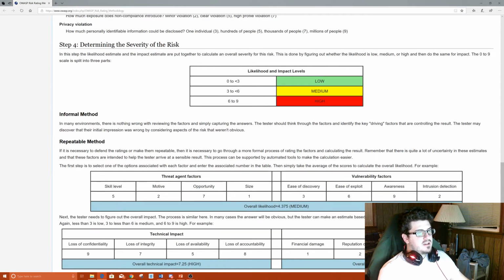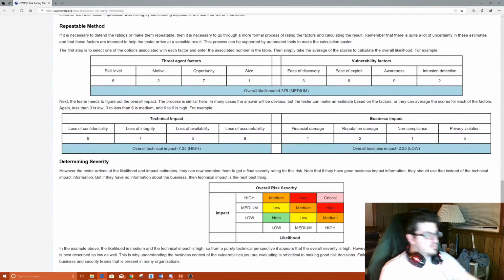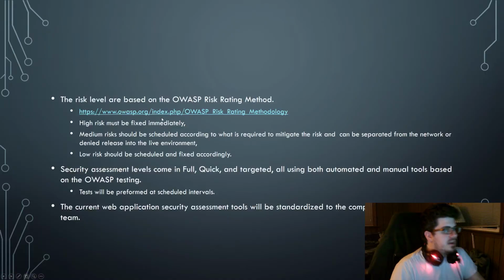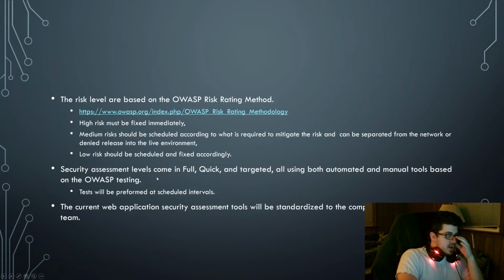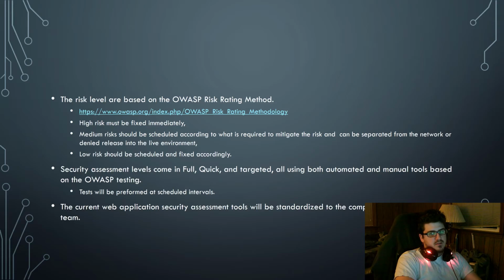Ease of discovery, intrusion detection, a bunch of stuff. So, if you discover a high risk, it will be fixed immediately. You'll be separated from the environment, and that will be the focus of study and trying to fix the security issue. With a high risk situation, if it's something that could harm the production environment, you can shut down and work on that.